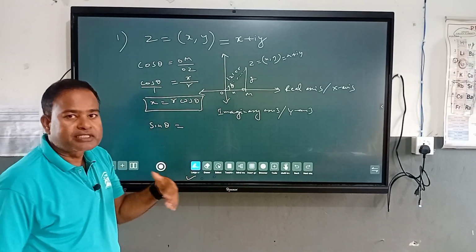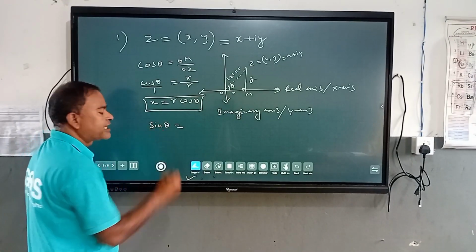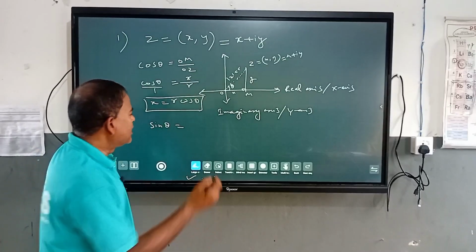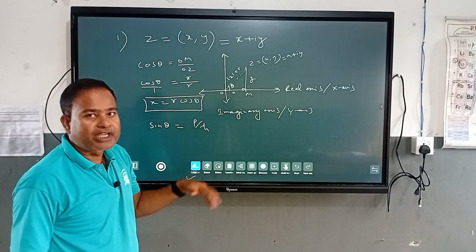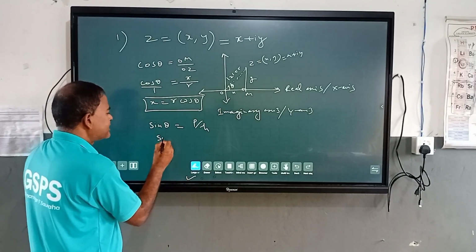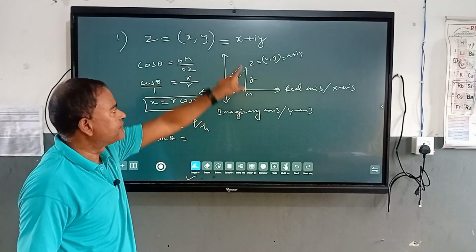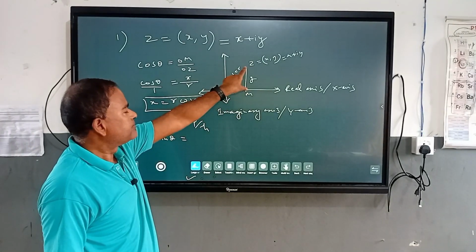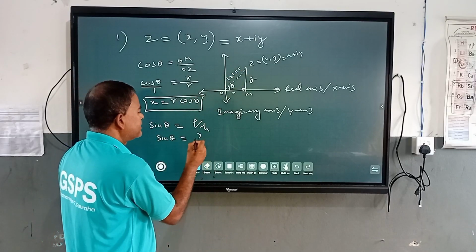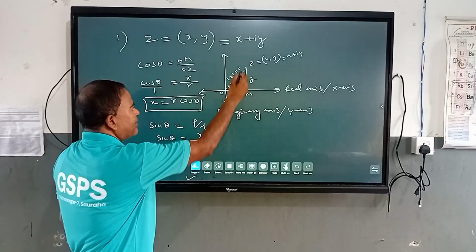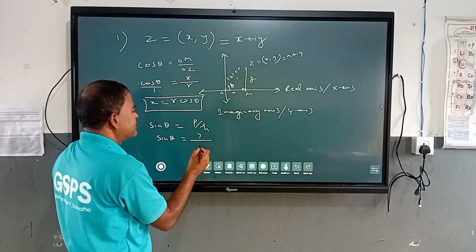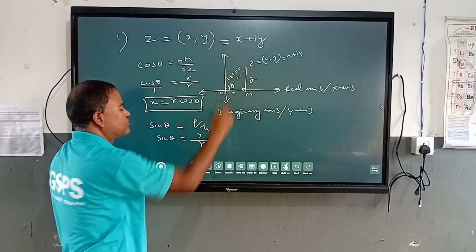So we know that the trigonometric ratio sin theta is equal to p by h, perpendicular over hypotenuse. So sin theta equals, so in this figure, perpendicular means y, that means the imaginary part, and hypotenuse, that means OZ, which is equal to r.